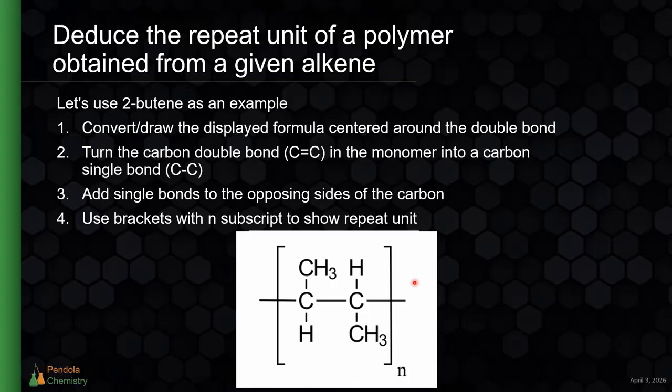So that's how we go around tackling the question of how does a polymer get created from an alkene monomer. If we had 2 monomers, we'll do the exact same thing, only we will then join them with that bond.